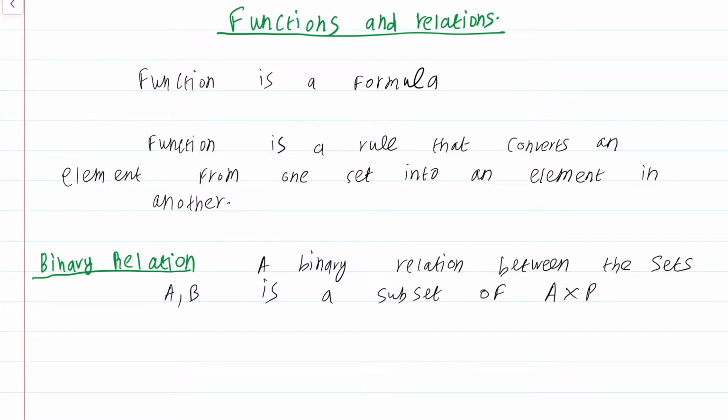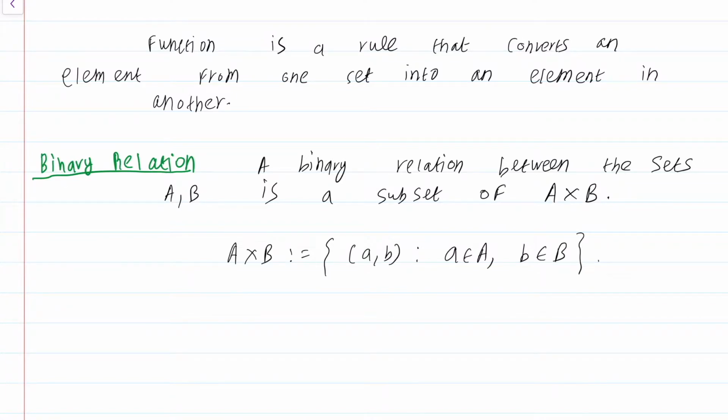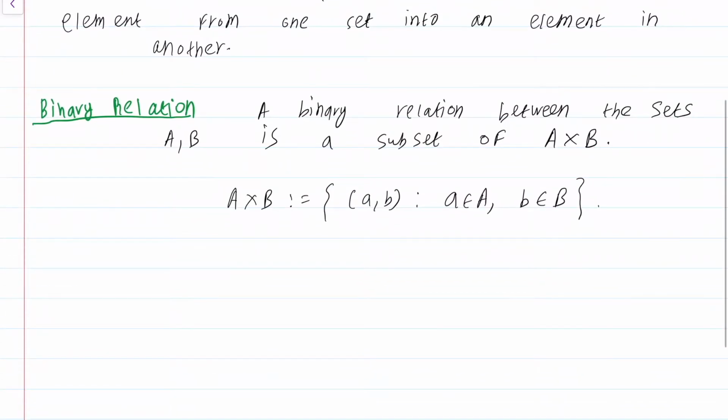A cross B. Now I haven't told you what A cross B is. A cross B is by definition the collection of all ordered pairs (a, b) such that a comes from the set A and b comes from the set B. Now the question arises, what is an ordered pair?